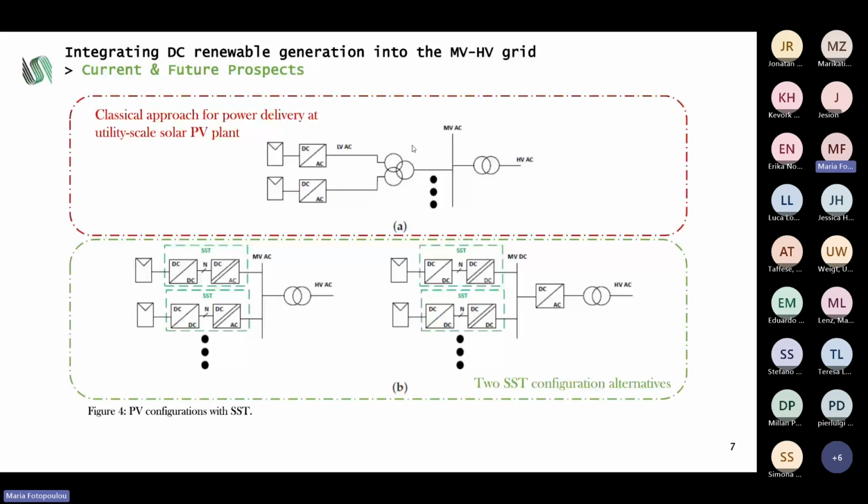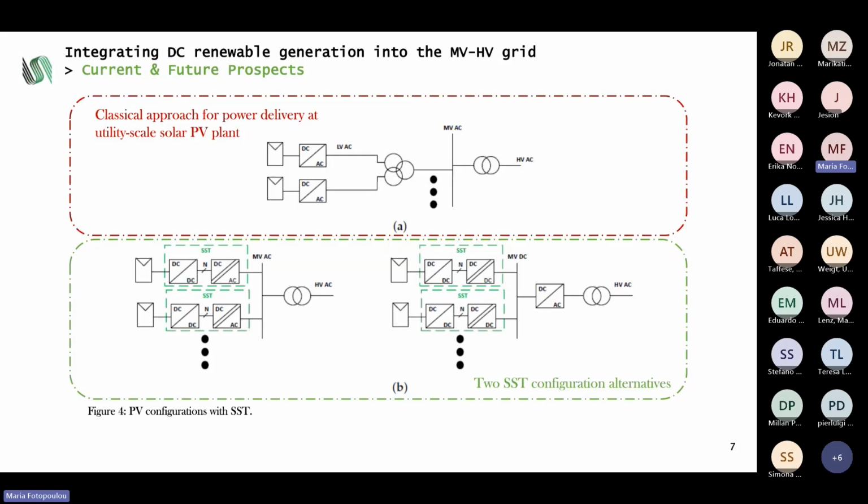Now I have two examples of future prospects for SSTs in DC renewable generation and its integration into the power system. Here we have a photovoltaic park. This is the classical approach for power delivery at utility scale solar PV plants, the one we see on top. The photovoltaic produces DC, then it is turned into low voltage AC, then medium voltage AC and high voltage AC.